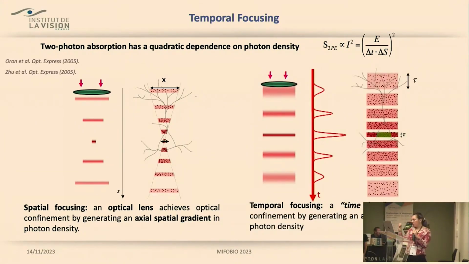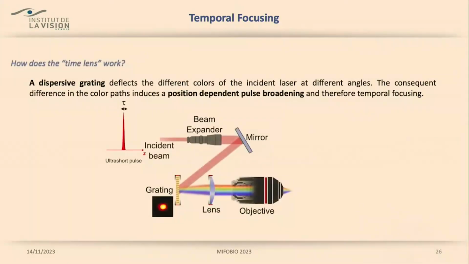So what we do is we play with the pulse duration of our femtosecond laser. We increase the pulse duration out of the focal plane, and we keep the original short pulse duration in the vicinity of the focal plane, and so the 2-photon absorption becomes less probable out of focus. How do we do that experimentally?